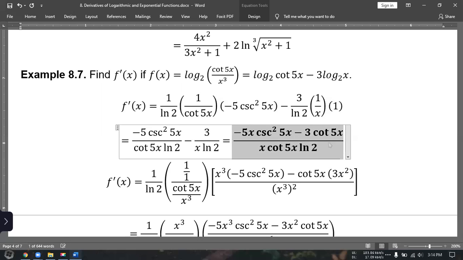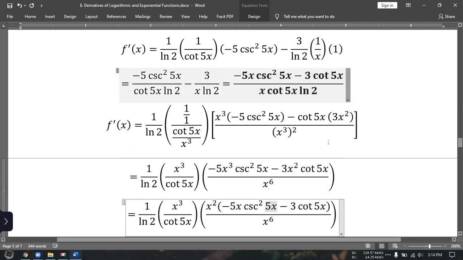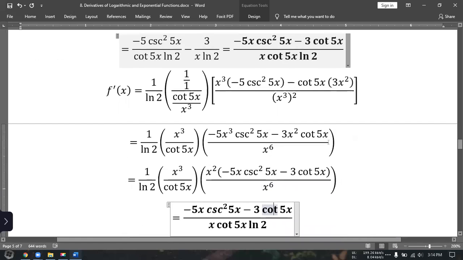Negative 5x cosecant square 5x. Ano ba? Compare natin. Is it the same? Yes, they were the same.